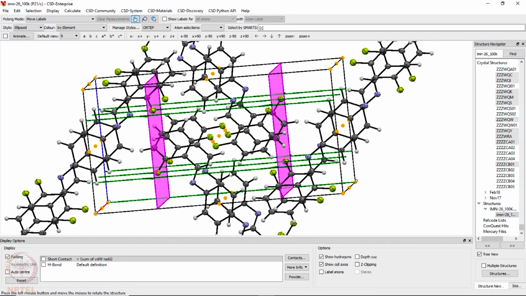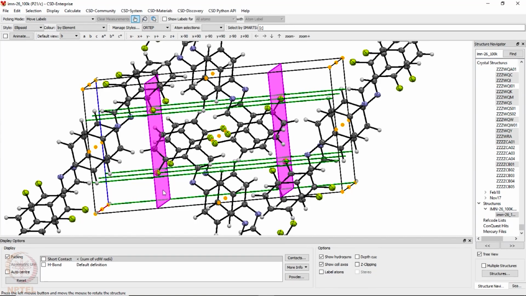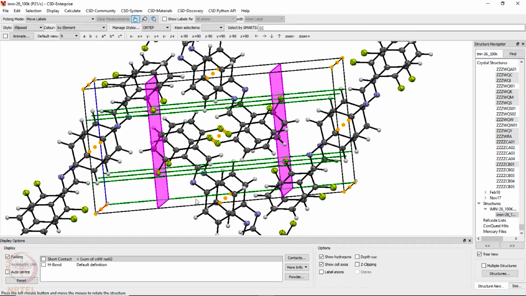The screw axis, the green line, is 1/4 shifted along C, and the glide plane, shown as purple, is 1/4 shifted along OB.